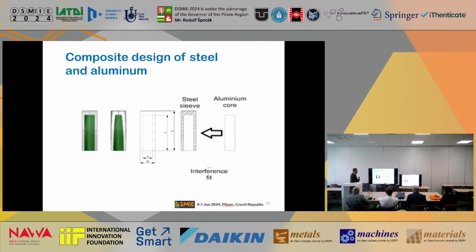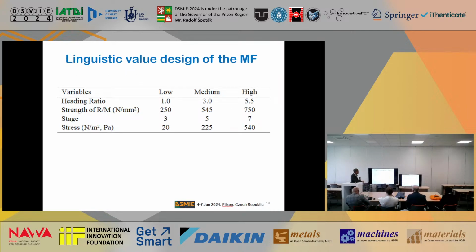So this is the design for our structure. And this is the balance we use on the low steady. Later we use 1, 3, and 1.5.